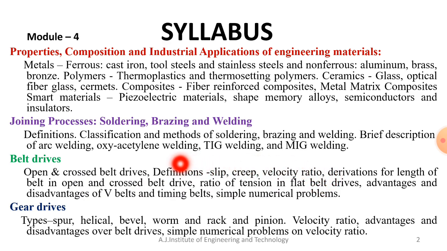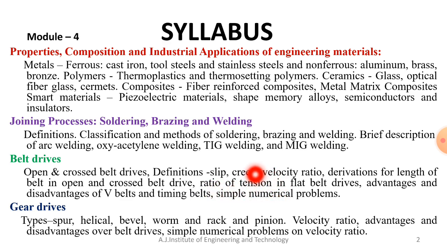These three important definitions come under belt drive, and a derivation for the length of belt in open as well as cross belt drive. So what is the length of the belt? You have to derive an expression for the same, and for the ratio of tension in the belt drive.